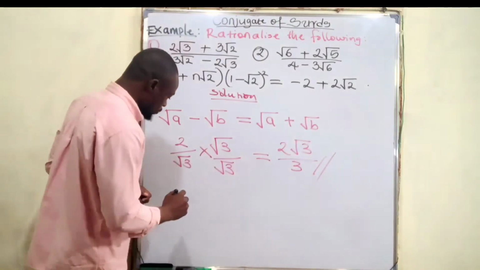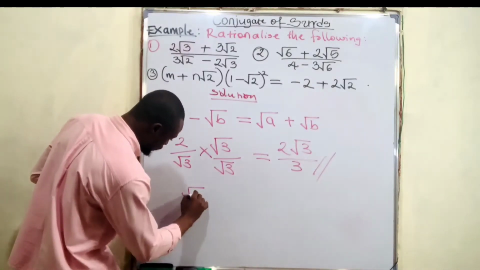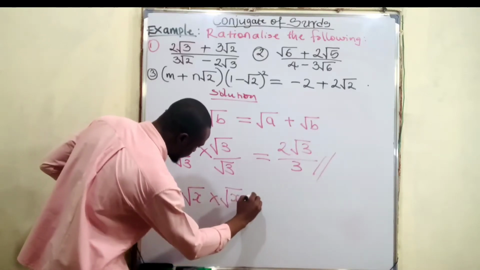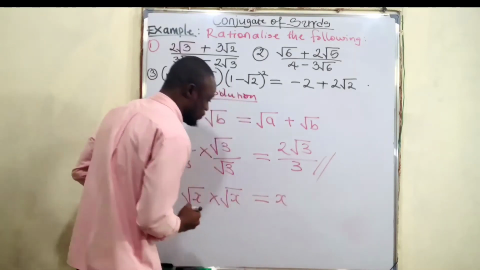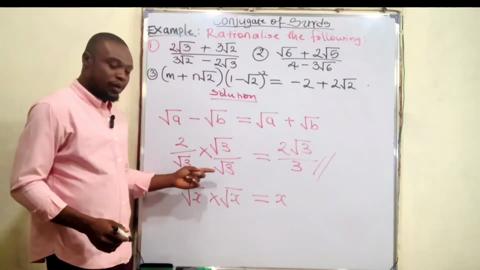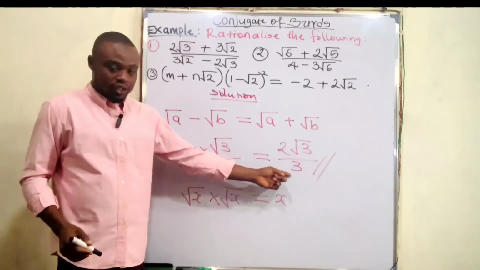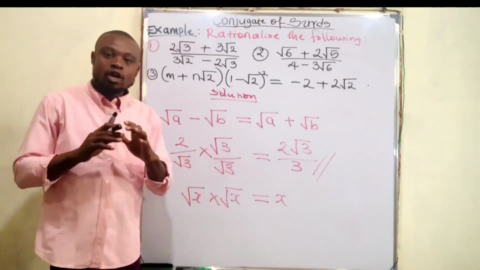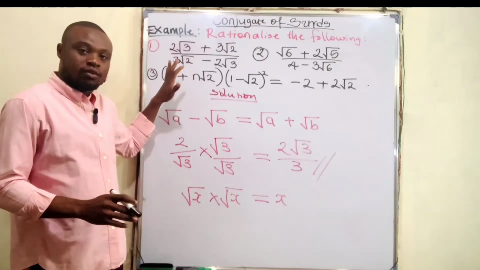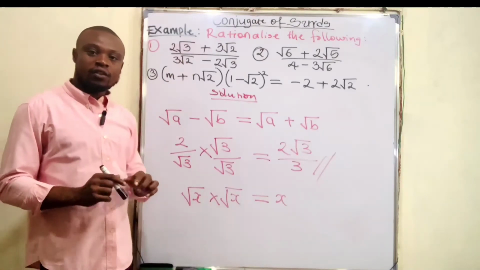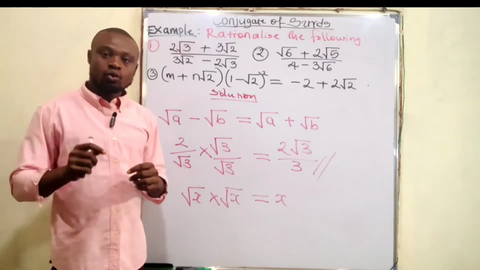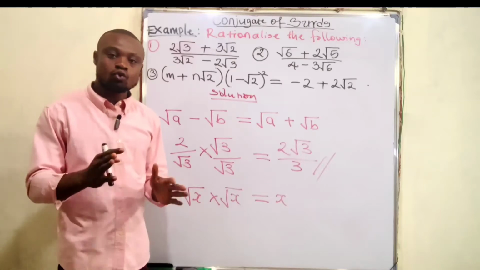Also, if we have the root of x multiplied by the root of x, this gives us x, because of this particular example that I just did: the root of 3 multiplied by the root of 3 gives us 3. Also, in solving this example, there's something very unique that I want to point your attention to, which is the difference of 2 squares.